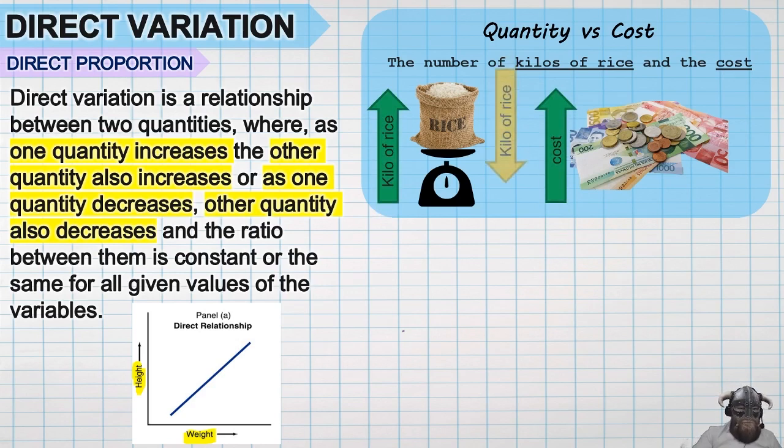Kapag naman bumababa yung kilo ng bigas na binibili mo, mas mababa din yung cost. So parang direct variation 'to, kasi as the kilos of rice increases, the cost also increases. Ganun din sa kabaligtaran niya. That's one good example of direct variation.